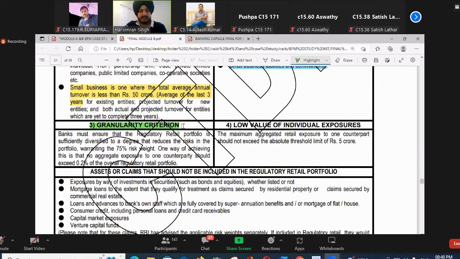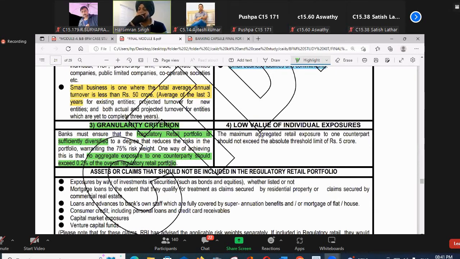The granularity criteria says that the bank has to ensure that the regulatory retail portfolio is sufficiently diversified. How is it diversified? No aggregate exposure to one counterparty should be more than 0.2% of the overall retail portfolio.